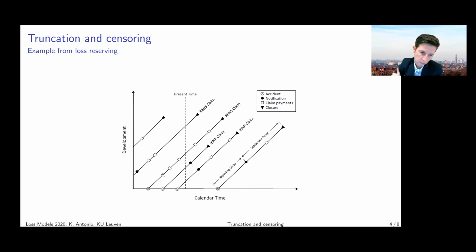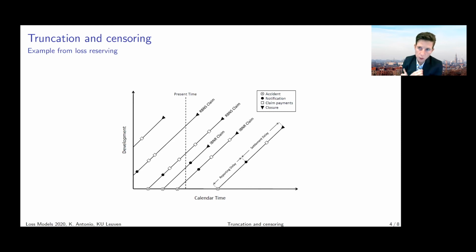So the time between the black circle and the black triangle in this example is right censored. It's right censored by the end of the observation period, by the present time. So the only thing we can say is that this development time of the claim is going to be larger than what we observed so far at the present moment, but we don't know how much larger. So that's another example of right censoring.